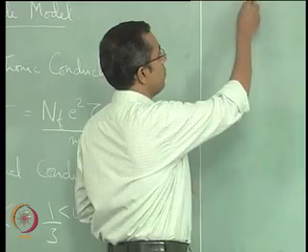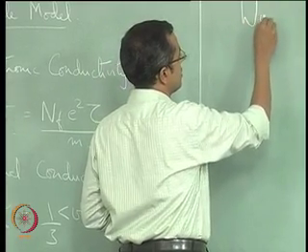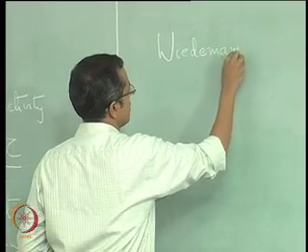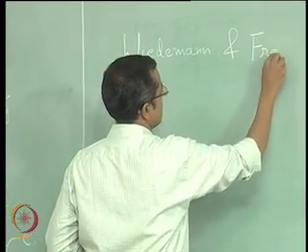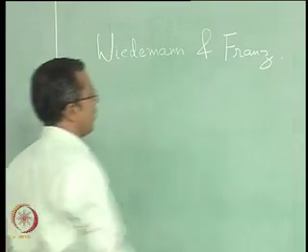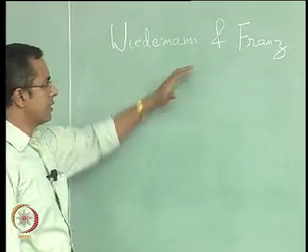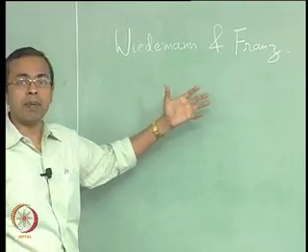So the people who have studied this in great detail are Wiedemann-Franz. Wiedemann-Franz are the people who have studied this in detail, and they have come up with an empirical relationship.